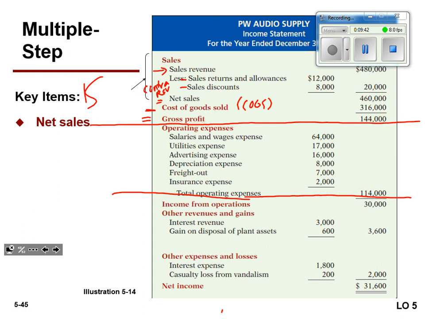So this all has to do with revenue out here. These have to do with expenses. Notice we haven't called it net income just yet because there's income and expenses from other areas, which I'm going to get into in a minute.